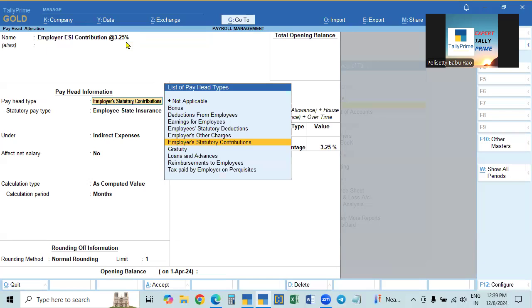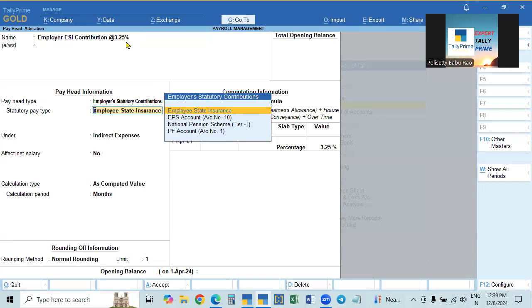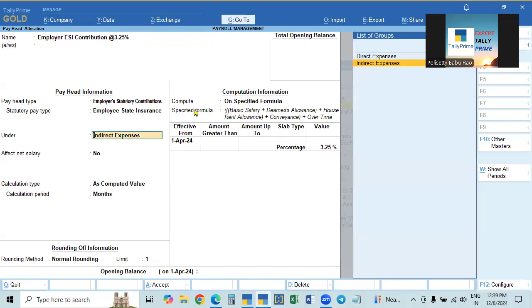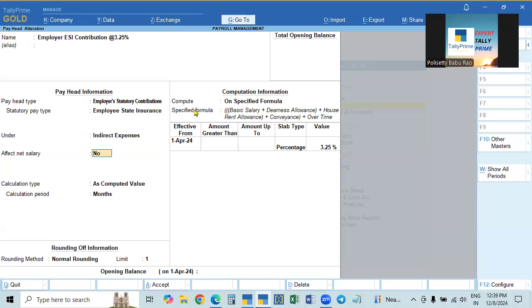It is also a statutory contribution. See, this is a separate head that is there already. In the case of employee also, the same thing. Employee state insurance is also paid by the employer from his pocket. So indirect expenses. All the contributions paid to the government are not deducted from the employee, so salary will not change.